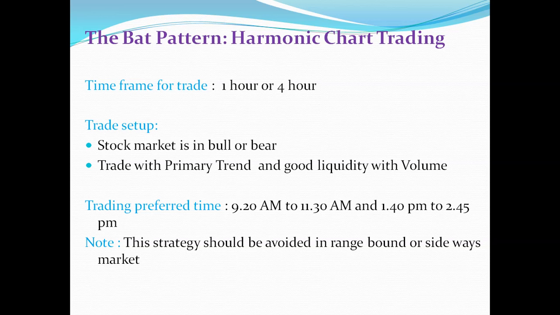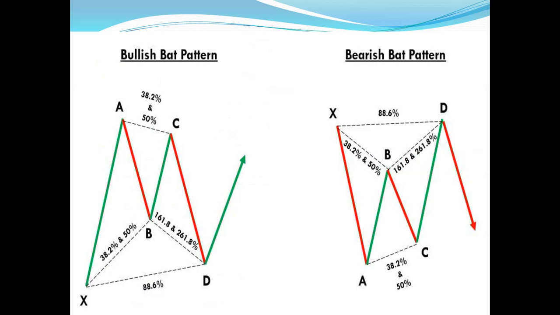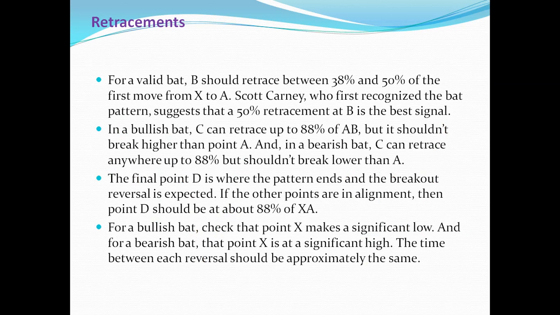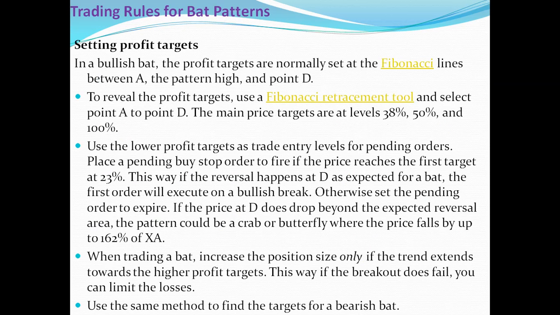This is really helpful in intraday and swing trading. Swing traders can use this pattern, and I will again tell you the success rate of harmonic patterns is higher than any other pattern. So you must know it. You just have to see what you have to take care of. You have to see the ratios and the thumb rule that has been set.